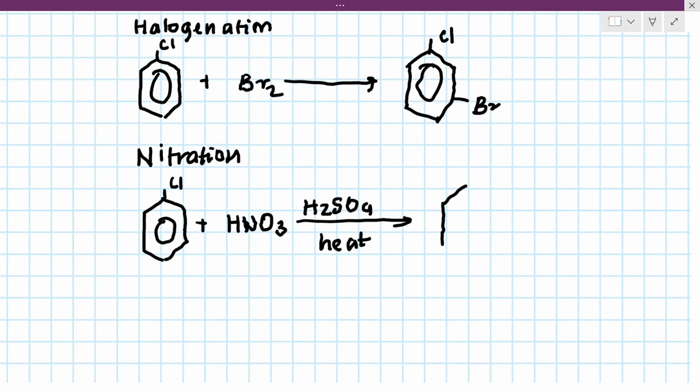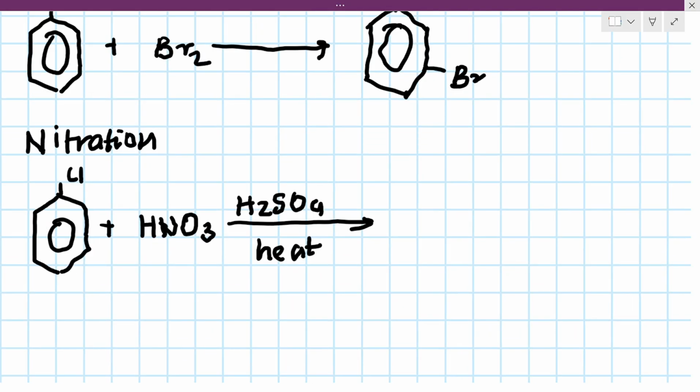So nitration is an example of electrophilic substitution of aryl halides. We have this H2SO4 and heat.